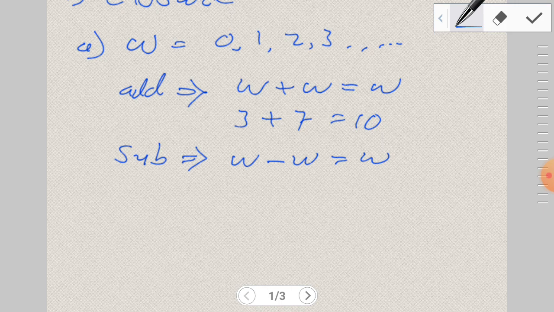But if we check 7 minus 5 reversed, that is 5 minus 7, it becomes minus 2. So minus 2 is not a whole number.